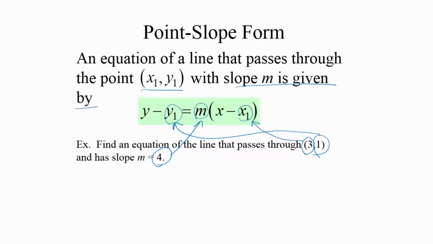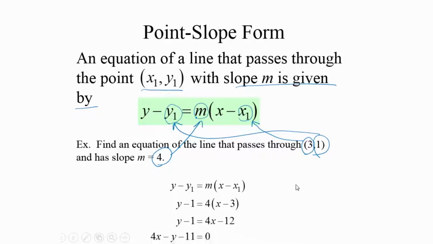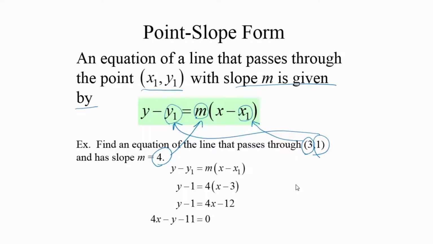And that way we'll get the equation of a line. So you see, y minus y1 equals m times x minus x1, which is what we have up here. Then for y1, they plugged in 1, for x1, they plugged in 3, and for the slope, they plugged in 4. That's what we have here.